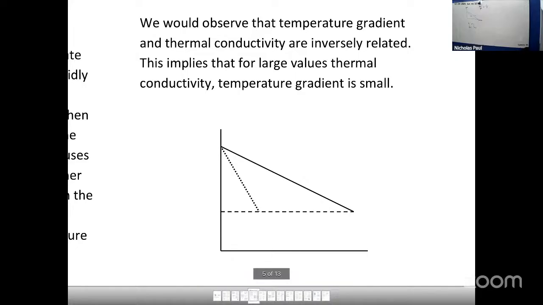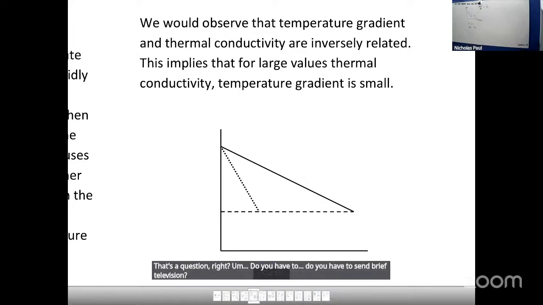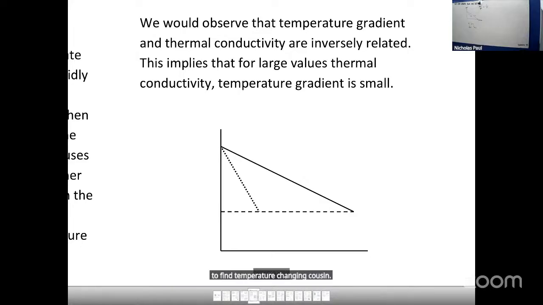That's a question, right? Do you have to convert to Kelvin to find the temperature change in Kelvin? No, right? Because the same temperature change in Kelvin is the same temperature change in degrees Celsius. So you don't have to convert to Kelvin to get a temperature change.